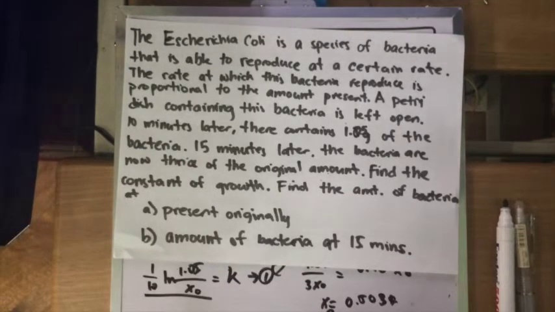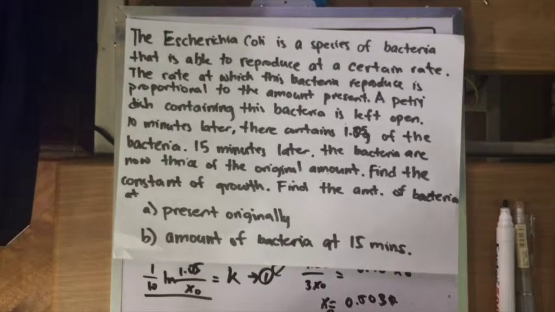A petri dish containing this bacteria is left open. 10 minutes later, it contains 1.5 grams of the bacteria. 15 minutes later, the bacteria are now thrice the original amount. Find the constant of growth. Find the amount of bacteria (A) present originally and (B) at 15 minutes.